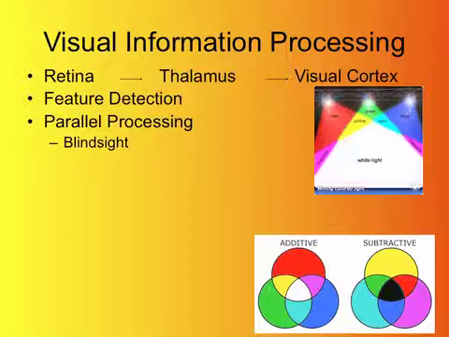Society labels them as blind in that they can't see, but really there isn't an issue with their eye or the optic nerve. It has to do with these feature detectors in the visual cortex. People with blindsight have some awareness of the area, but they can't perceive what they're seeing. We will do some examples of that in class and watch some videos related to it.